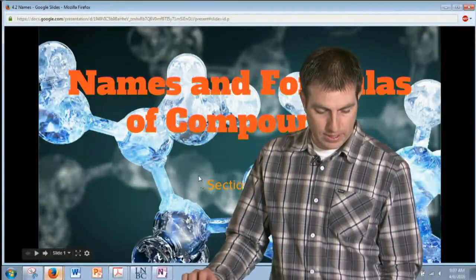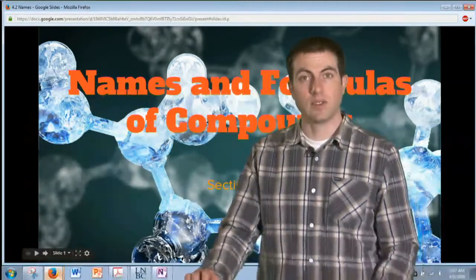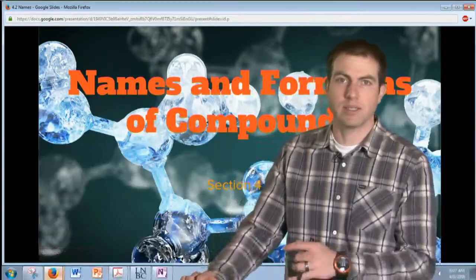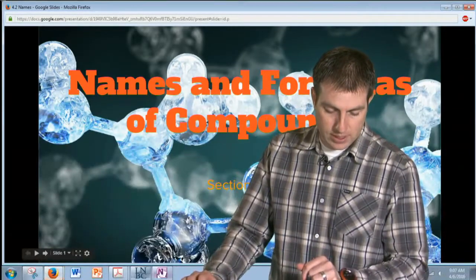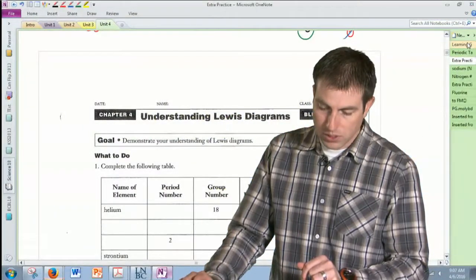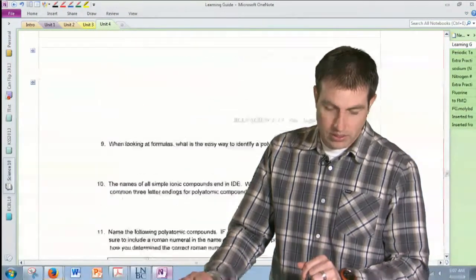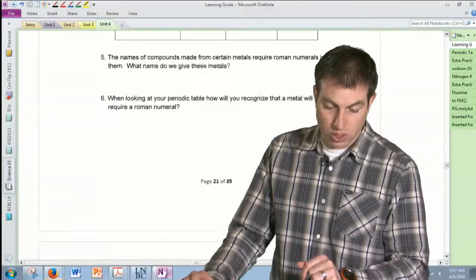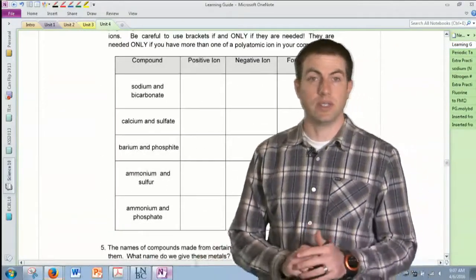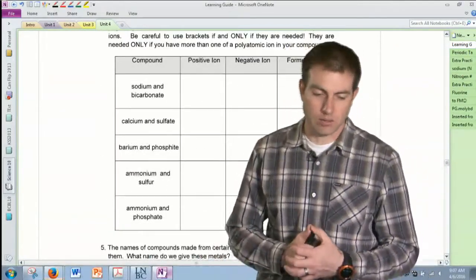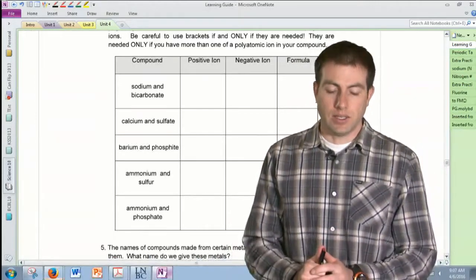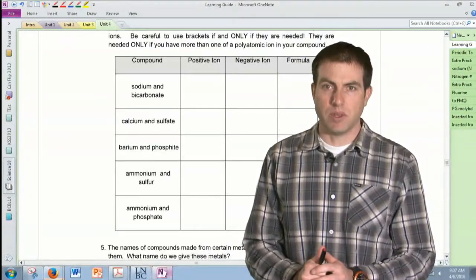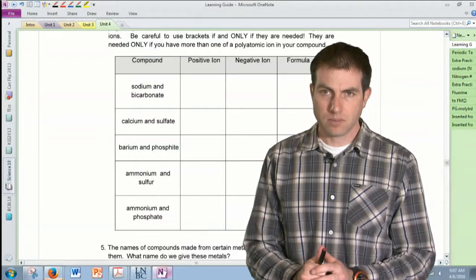Think of today as going over some practice and looking at some of the questions. As I mentioned last day, the questions in the learning guide don't do a very good job of covering all the material that's important to know for Science 10 chemistry. So it's really important that you go through some of the extra practice.